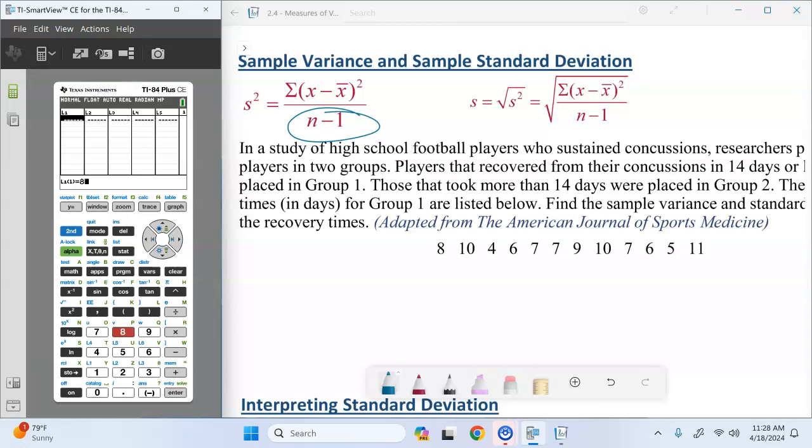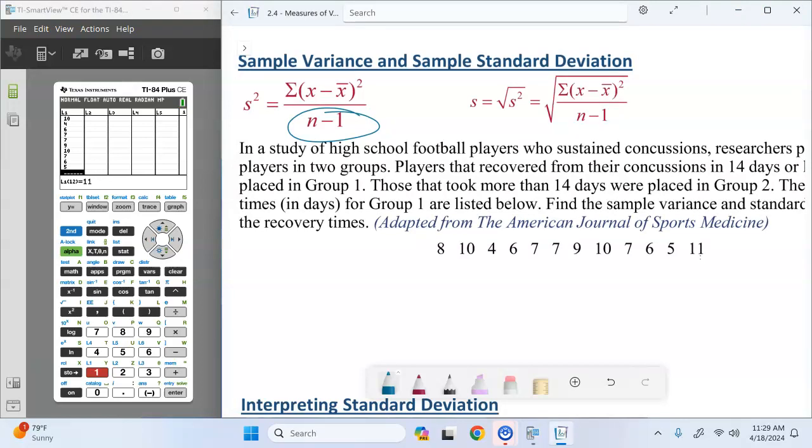I'll type in 8 and hit enter, and I'll type in a 10, and hit enter, and I'll go through for all of my data points. I want to make sure that when I'm putting in my last data point, I have the correct number.